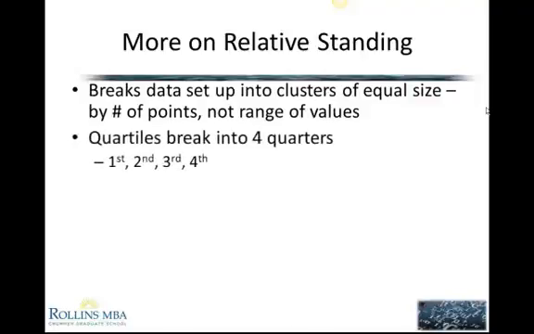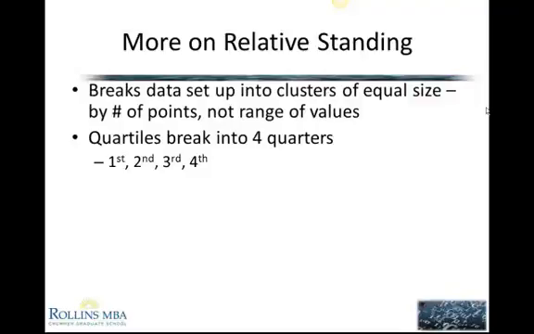So for example, if I want to find quartile values, my options are to find what I call the first quartile value, second quartile, third quartile, or fourth quartile values. I'm going to break my entire data set up into 4 quarters in terms of numbers of observations.